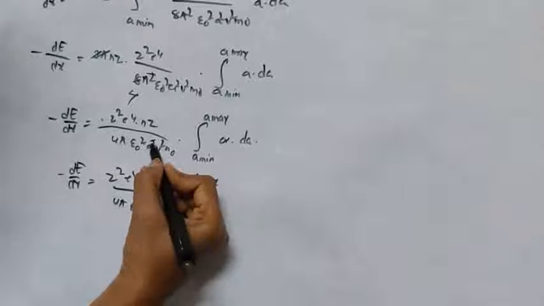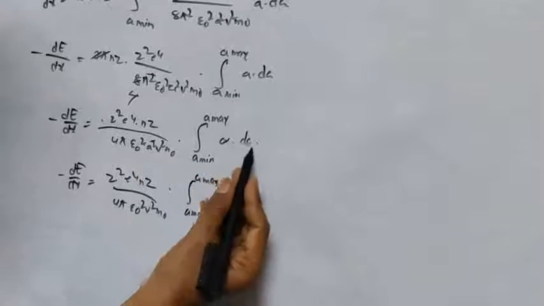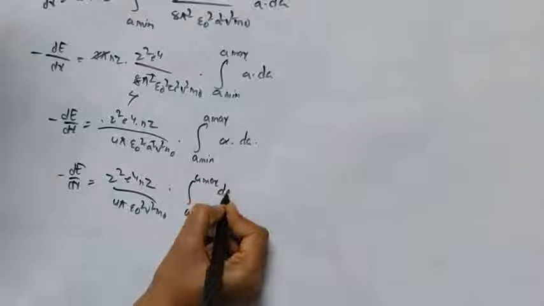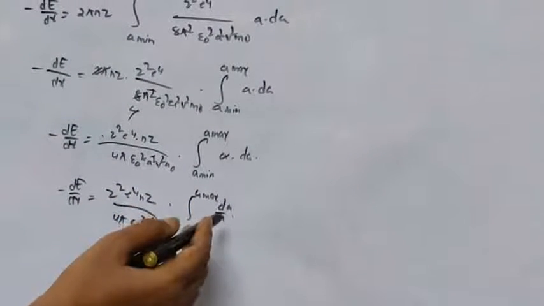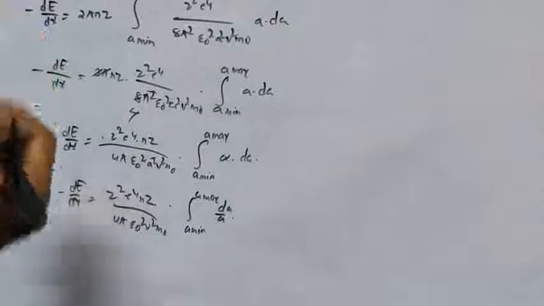Here a and square get cancelled. dA by a will remain. Now the integral a minimum to a maximum dA by a can be written as log e A maximum by A minimum.